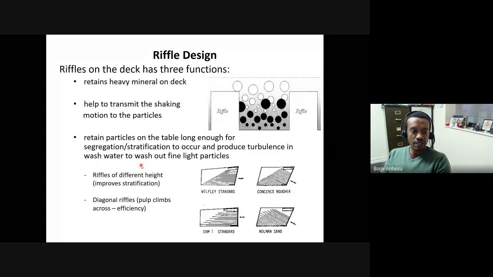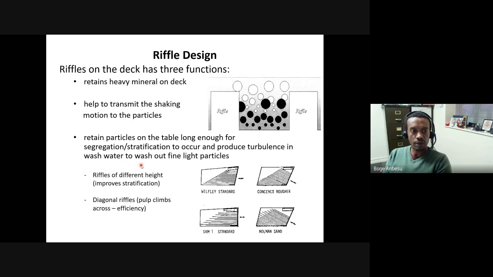So again, there could be different designs, and those designs on the table depend on what quality of concentrate you want to create at the end of the day, and other factors as well. But at the end of the day, what a riffle should do on the table is at least it should be able to retain the dense particles at the bottom. And when you shake the table, we are applying a stroke to the table.